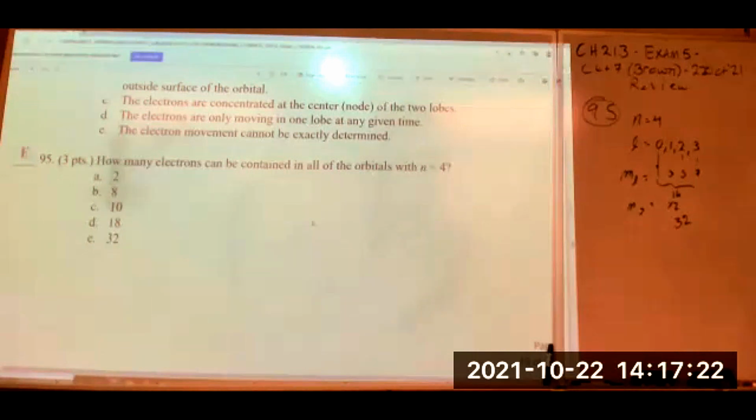Why is that not adding up? 16 and 20 is 36.